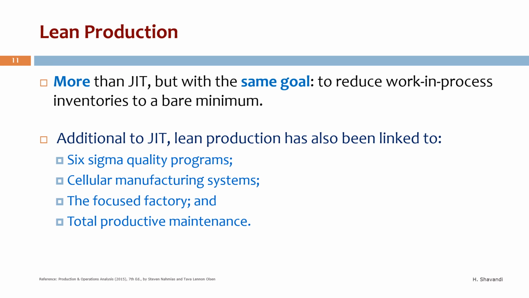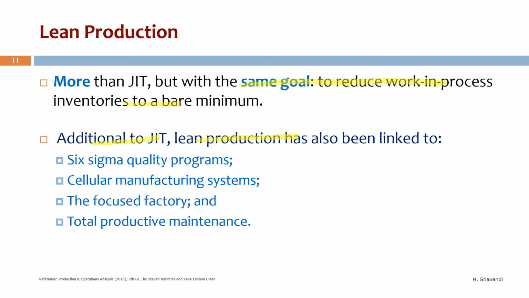Both have the same goal, which is reducing work-in-process inventories to a bare minimum. But lean production is more than just-in-time. In addition to just-in-time, lean production has these features as well.